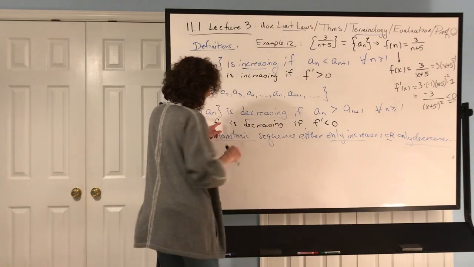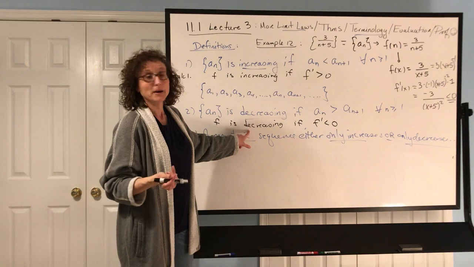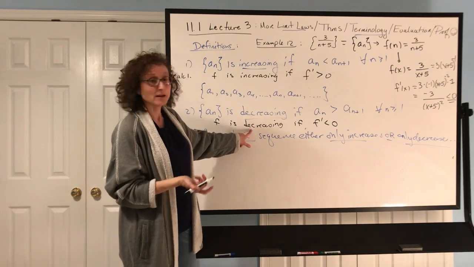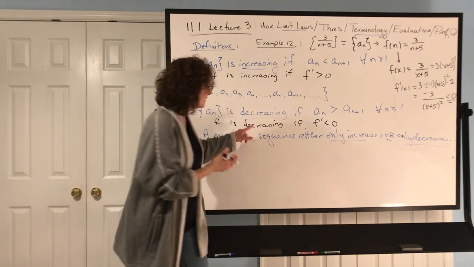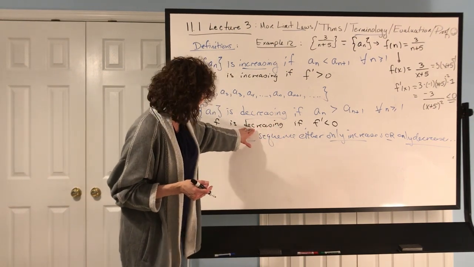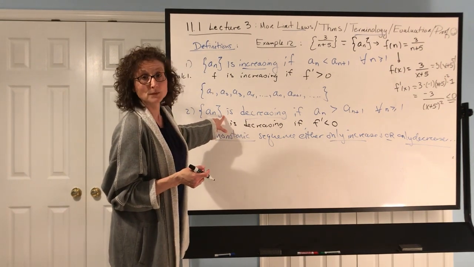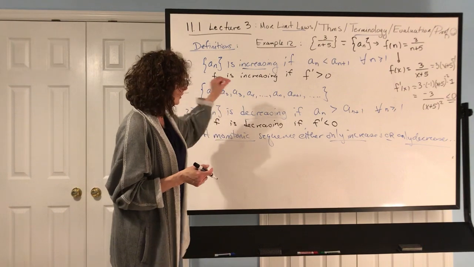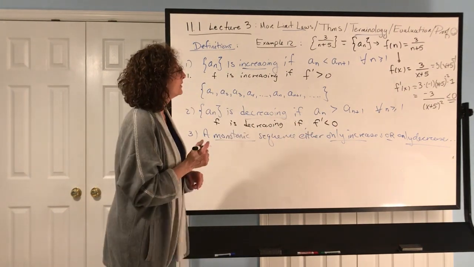the function of a continuous variable is always decreasing. One of the nice things about our work with sequences is we can now exploit that with the ideas in section 11.1 to say that this is another way to test the sequence. The sequence itself also has to decrease, because that sequence is just going to be a series of dots along that curve, and that's also going to decrease.